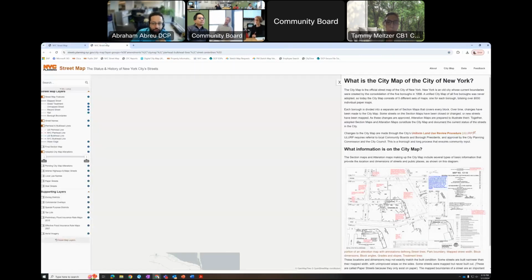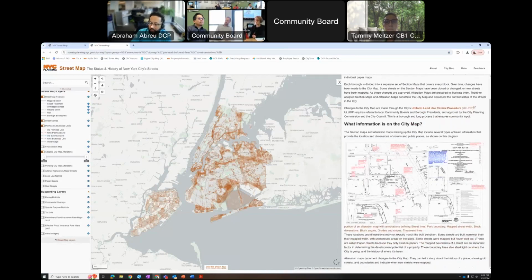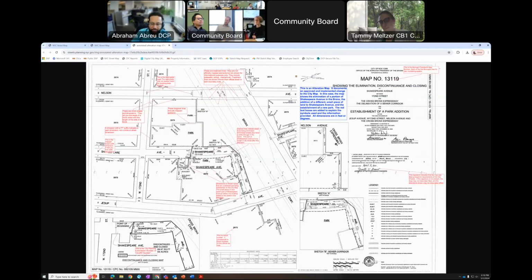It takes you to a little bit about what the city map is, and I directly link to it in the PowerPoint I'll send you, but it also has an example alteration map with annotations about what the different symbols and legend items mean, so you can always come back here to refresh your memory of how to read these things, because they can get overwhelming because there's a lot of stuff stacked on top of each other.